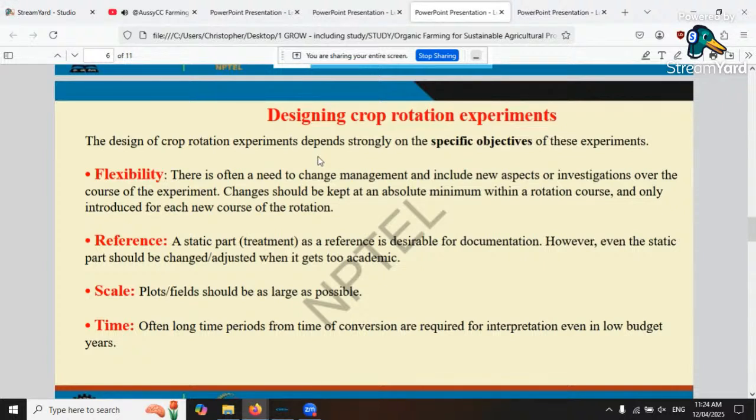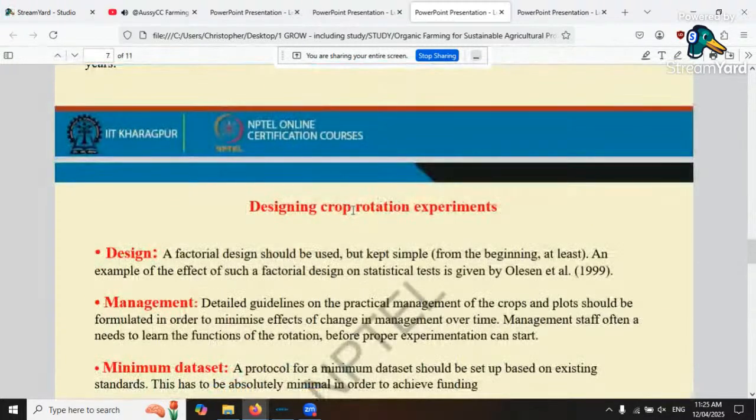Reference is a static part. So a treatment as a reference is desirable for documentation. However, even the static part should be adjusted when it gets too academic. The scale: the plot should be as large as possible. Time: often long time periods are required for interpretation, even on low budget years.